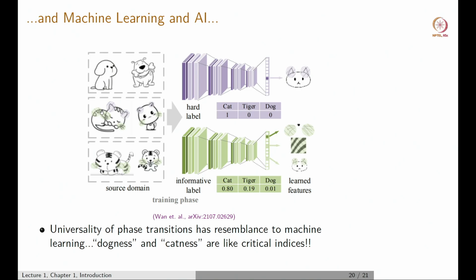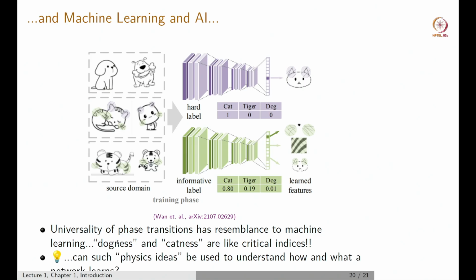Similarly, a network finds out what is the dogness or catness. Dogness is like some property of the dog which the network finds. So there is some connection like this, and we could use some physics ideas to understand how a network learns and what it actually learns.